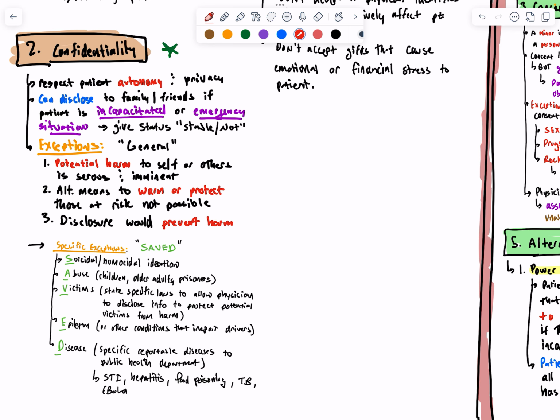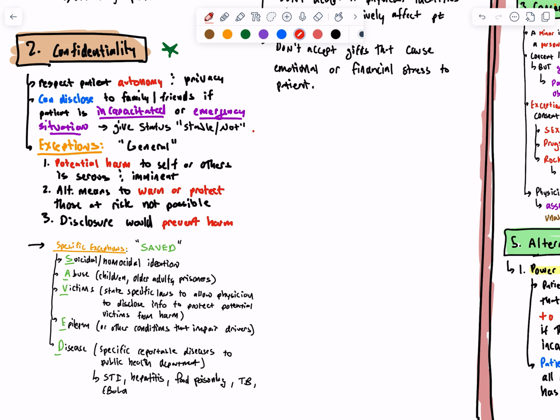You can disclose information to family, to friends, if the patient is incapacitated or in an emergency situation, if you believe that disclosing that information would be in the interest of the patient, right? It wouldn't cause the patient some emotional distress to keep their family from knowing.